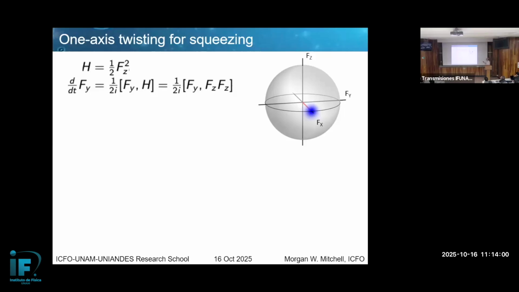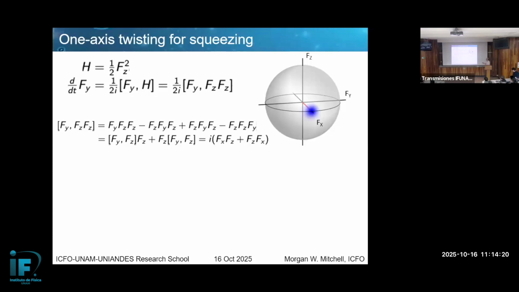So if I want to know how y changes, then again, I use the Heisenberg equation of motion, and I have to calculate this commutator of Fy with the Hamiltonian, which then has 2 Fz's. And so the commutator of Fy with a product of 2 Fz's looks like this. We can simplify that down to i times Fx times Fz plus Fz times Fx.